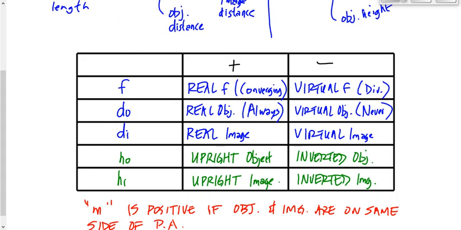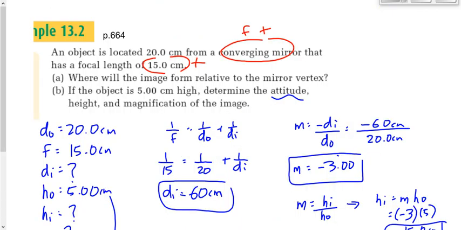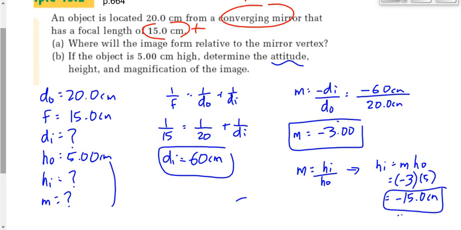If hi is negative, then the image is inverted. Now, di is positive. What does that mean? It doesn't say anything about the attitude or the orientation of the image. It just says that it's a real image. You can project it onto a screen. The attitude is that it's inverted. And the height is negative 15, and the magnification is negative 3. Good?